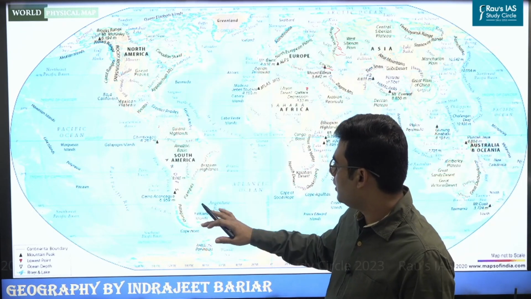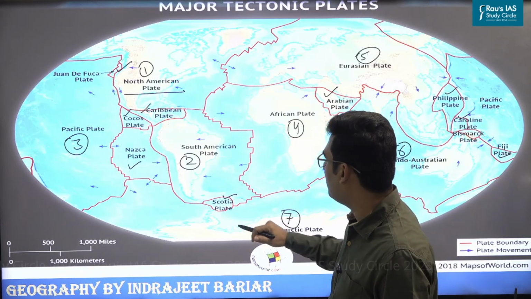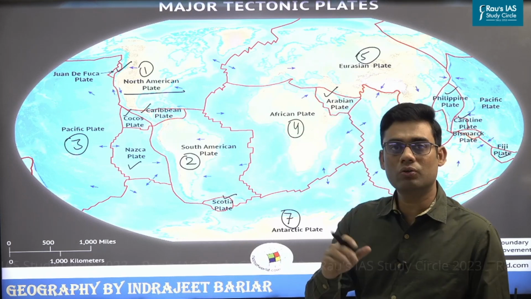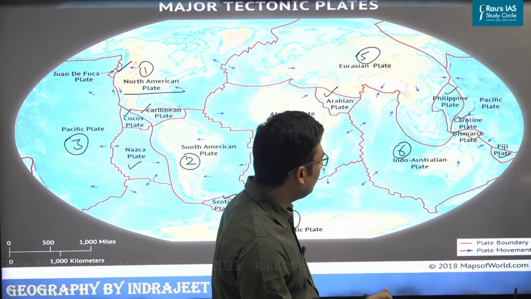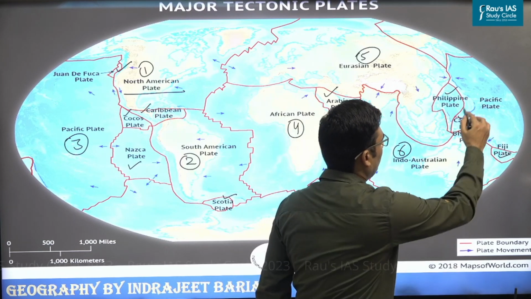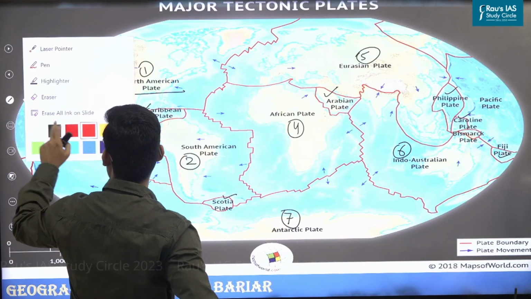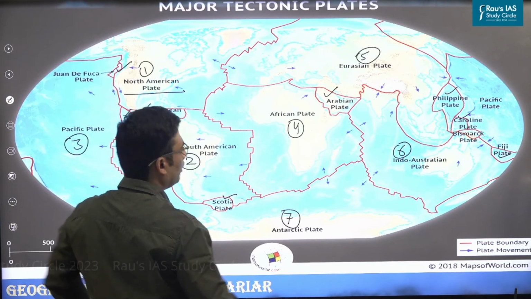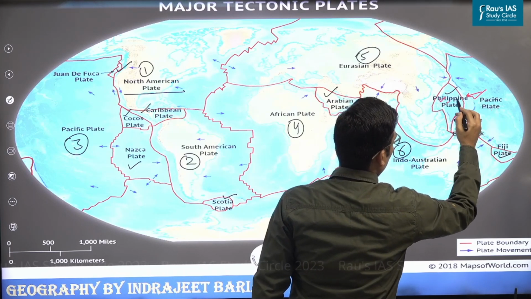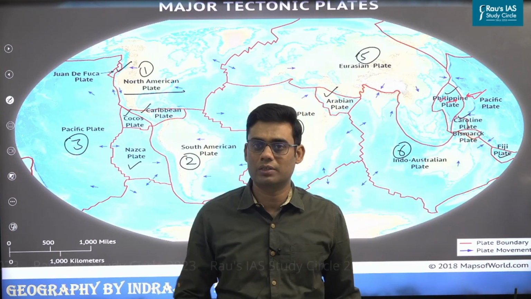I'll go back to the plate map, and the first type of convergence that I see, OC-OC convergence, one very important OC-OC convergence is taking place between Pacific plate and the Philippine plate. They are moving towards each other, and the Pacific plate over here is subducting.